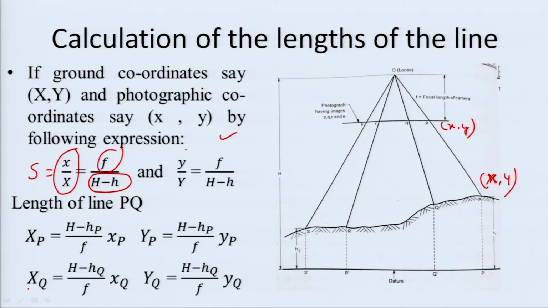Similarly, for the y coordinate we can use small y upon capital Y is equal to the focal length, that is f upon capital H minus small h.